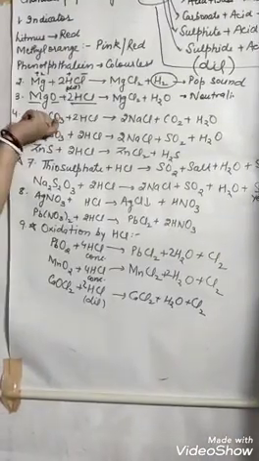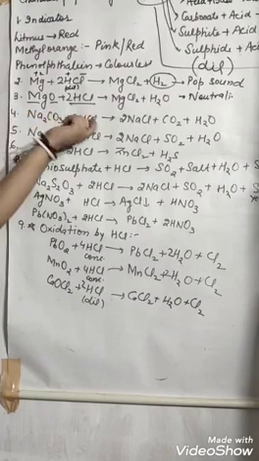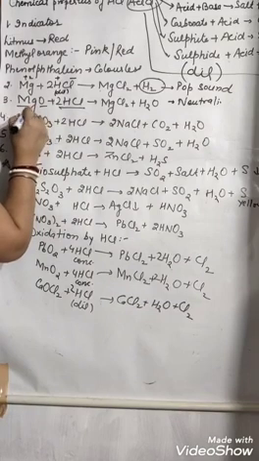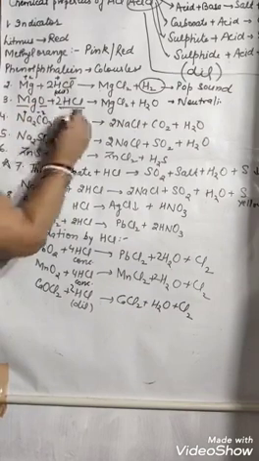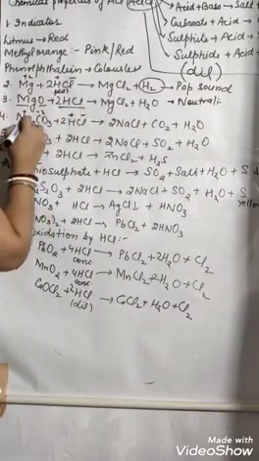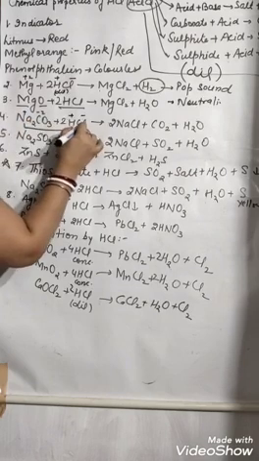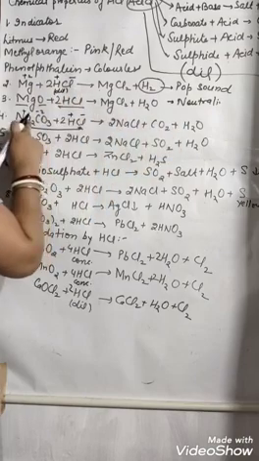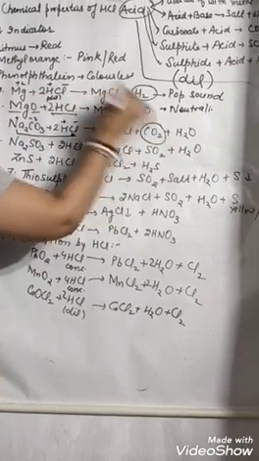Any carbonate reacting with acid: carbonate Na2CO3, Na is 1+, CO3 is 2-, H 1+, Cl 1-. Na reacts with Cl and forms NaCl. Because it is a carbonate, which gas does it evolve?